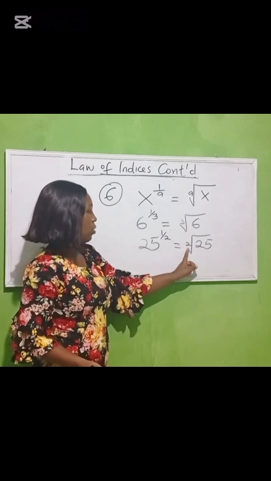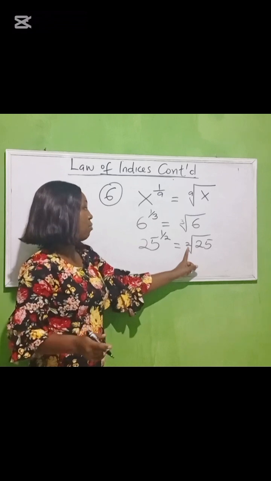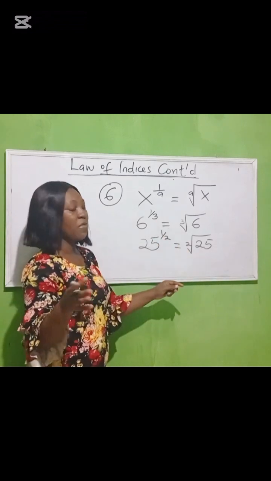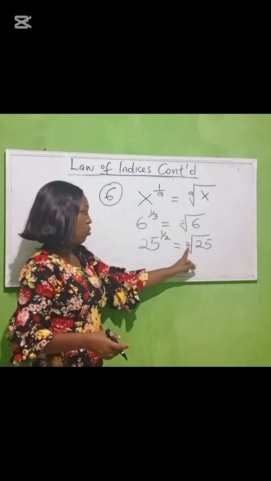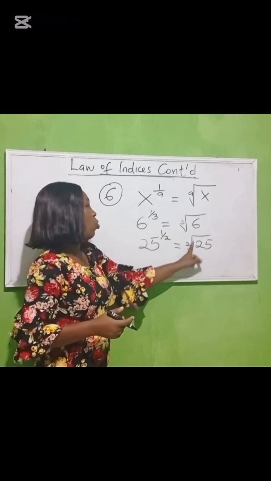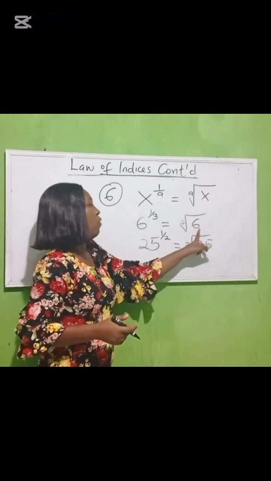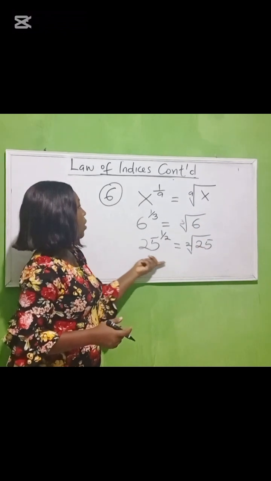So either you put down your 2 here or you can decide to remove the 2. But for any other numbers like 3, 4, 5, 6, you write down the value here. Since we are learning, I will put my 2 here. So this is square root of 25. This is cube root of 6. So this is it here.